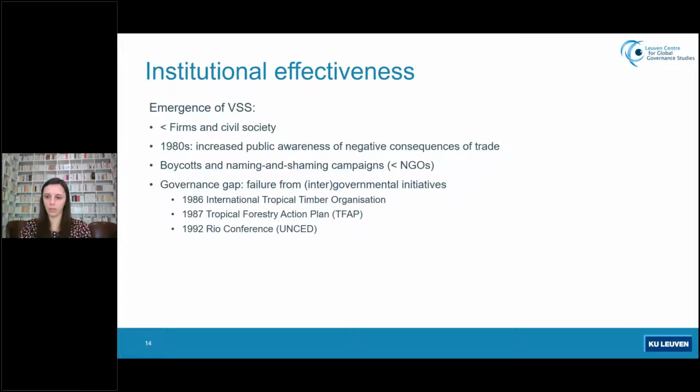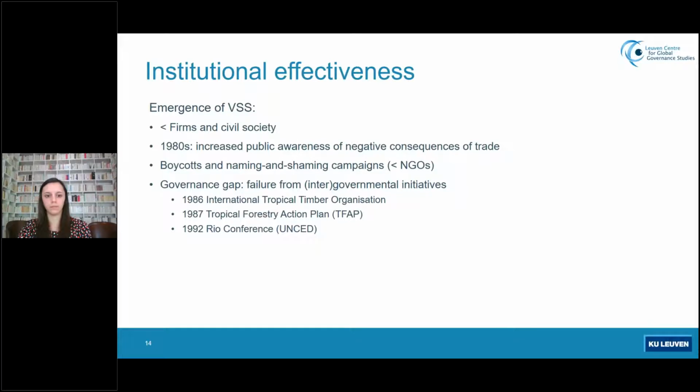For example, again in the forestry sector, the International Tropical Timber Organization was set up in '86 to protect tropical forests. In '87, the Tropical Forestry Action Plan was also developed to encourage developing countries to establish their national forest program in order to monitor sustainable forest management. But on the whole, those tools were very narrow in scope and non-binding.